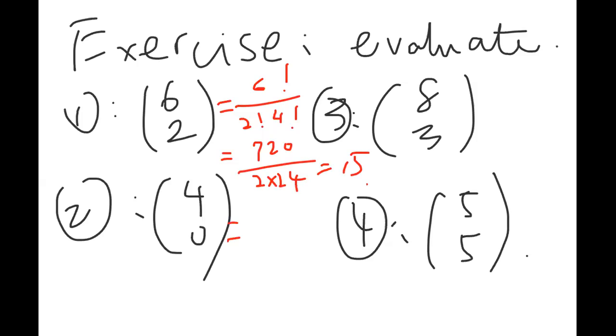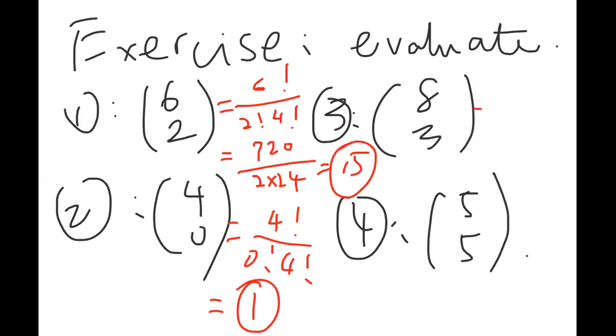Number 2, 4 choose 0 is 4 factorial divided by 0 factorial times 4 factorial. Well, 0 factorial by convention is 1. 4 factorial divided by 4 factorial, you should get back 1.